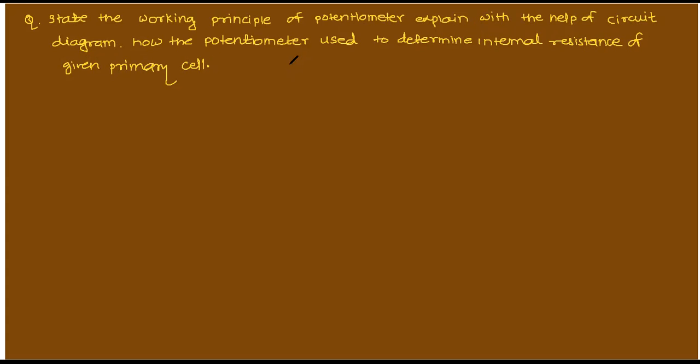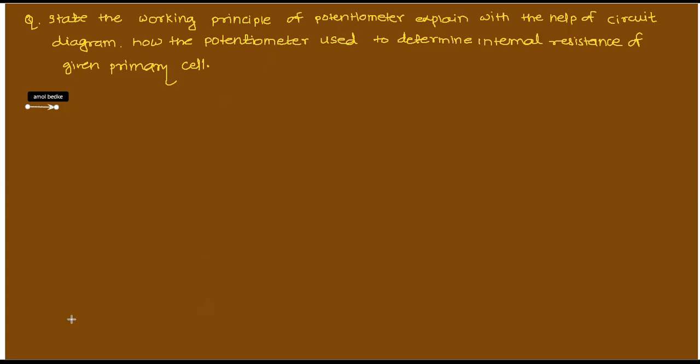Okay, so what is the question? State the working principle of potentiometer, explain with the help of circuit diagram how the potentiometer is used to determine the internal resistance of the given primary cell. Means now we have to draw the circuit to determine the internal resistance of a cell.